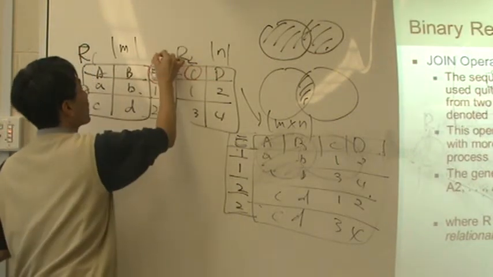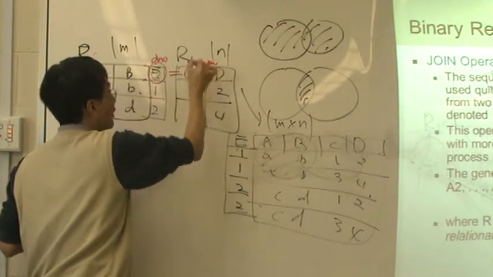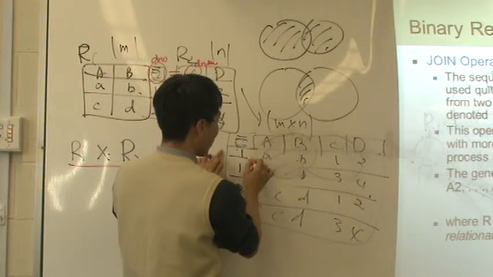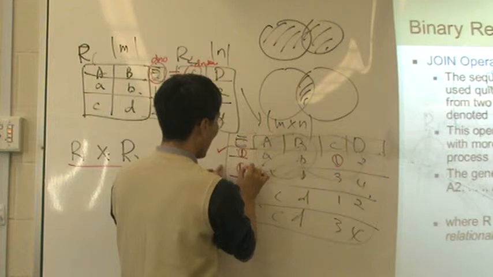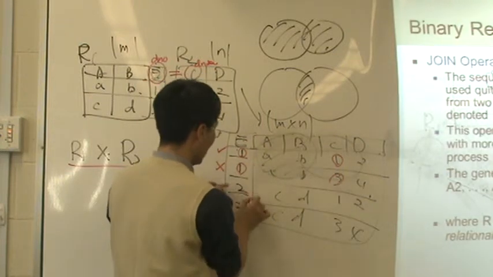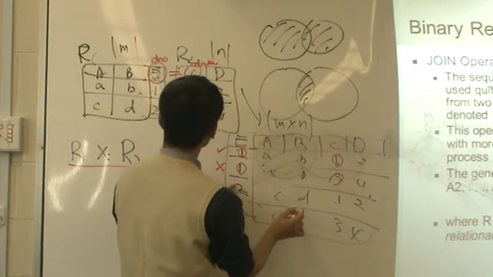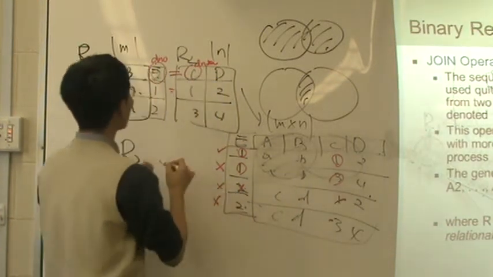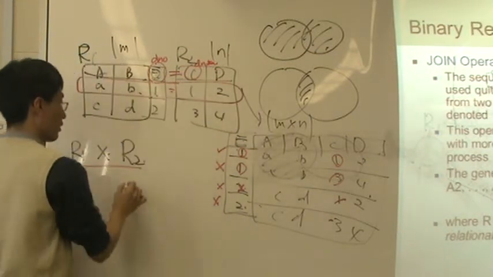Okay, think about this is D and this is a D number. They are the same. Check from the Cartesian product. 1, 1. This is the same. Okay. 1, 3. So this is not. 2, 1. No. And 2, 3. No. So in this case, this will be returned.